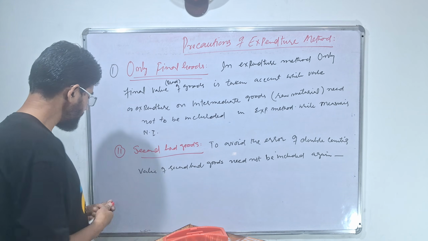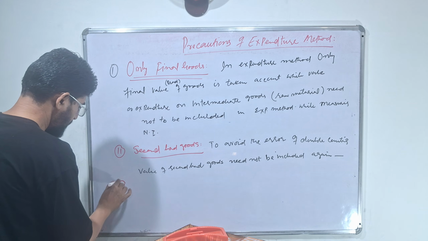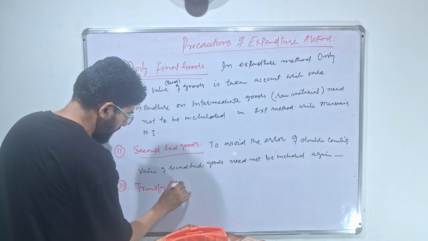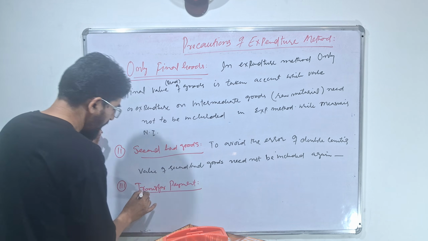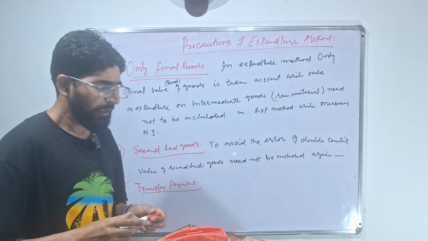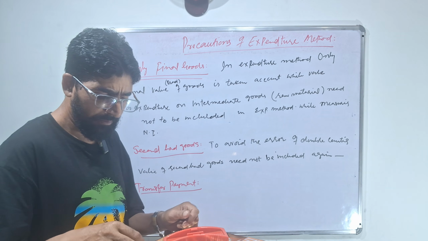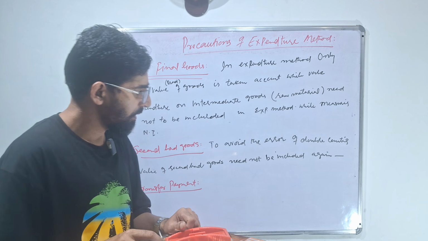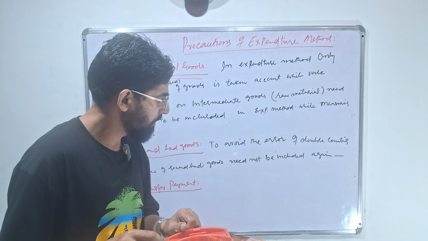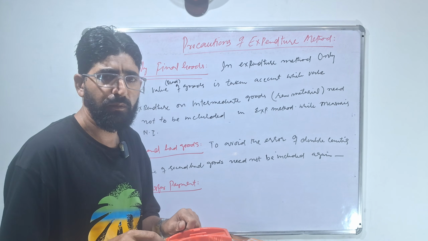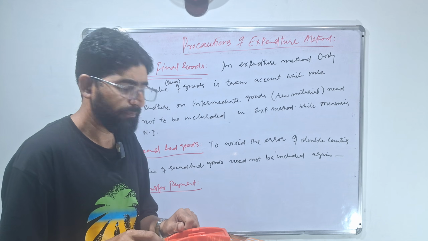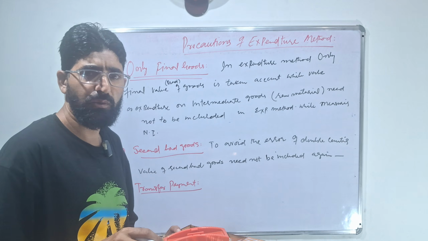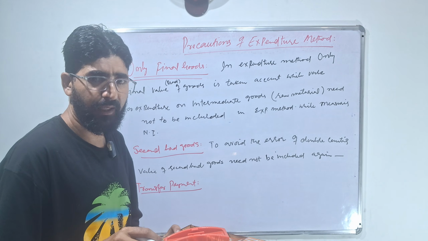Third one, transfer payments. Transfer payments are money provided, like old age pension and scholarships, to those persons who are in need: poor children, people, old age pensions, scholarships to those students who are poor for admission purpose.